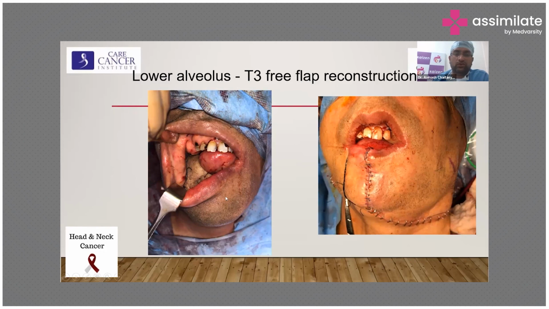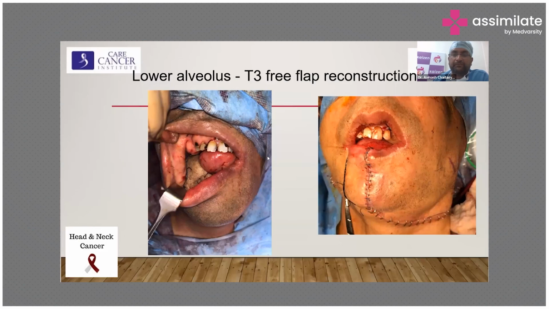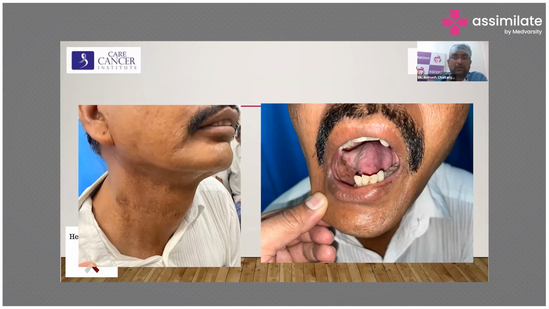In this, we have reconstructed the loss of the alveolus with the fibula free flap. Overall, after the reconstruction, the patient will have normal mouth opening function, and the patient can go for dentition after the healing is done.